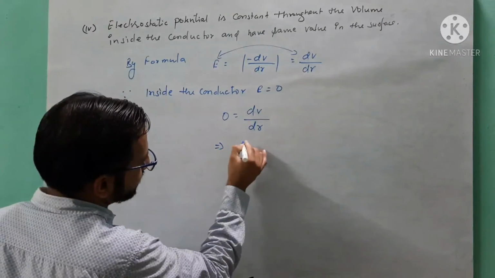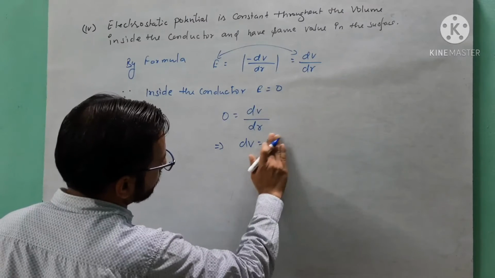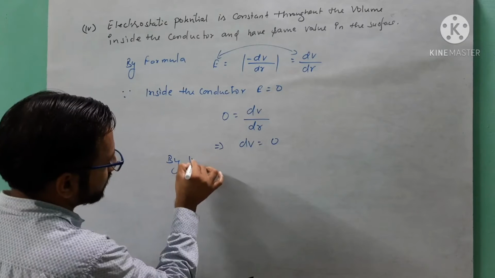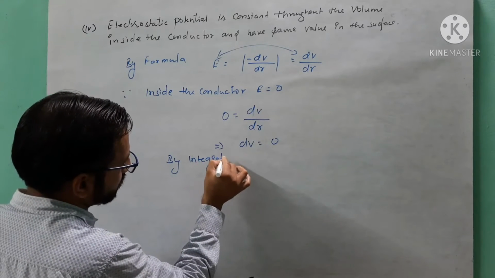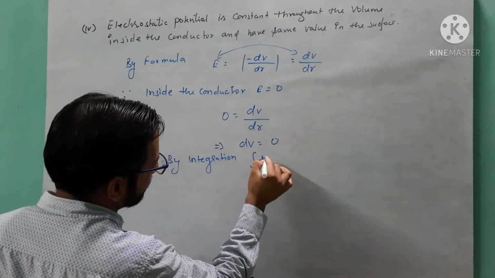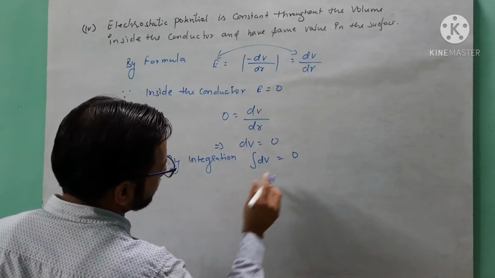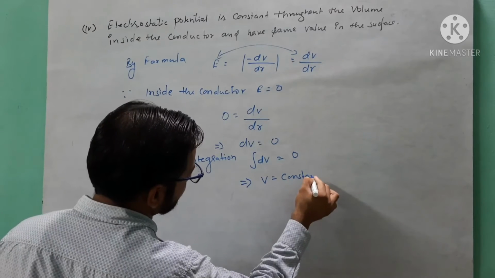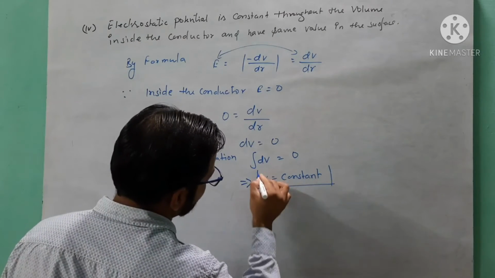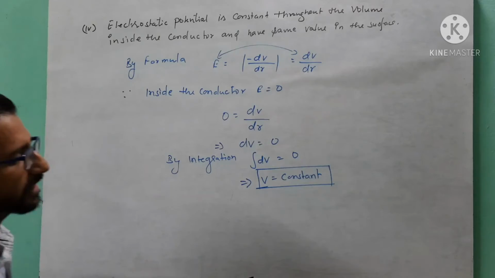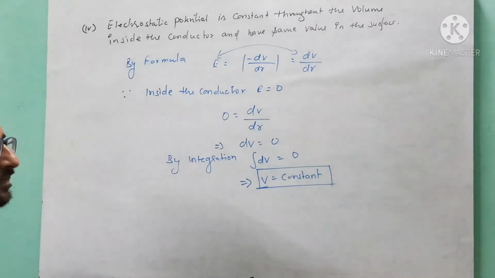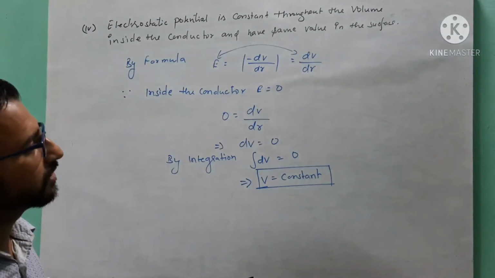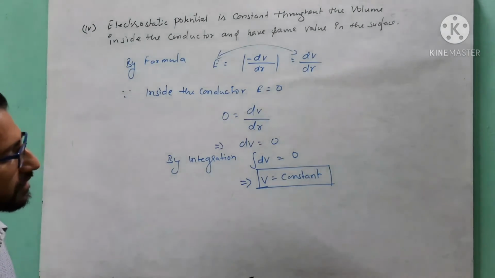So from it we see dV is equal to 0, and if dV is equal to 0, by integration you will get V equal to a constant. It means that the electric potential is constant, the same inside the conductor and on its surface. Got it? Clear?